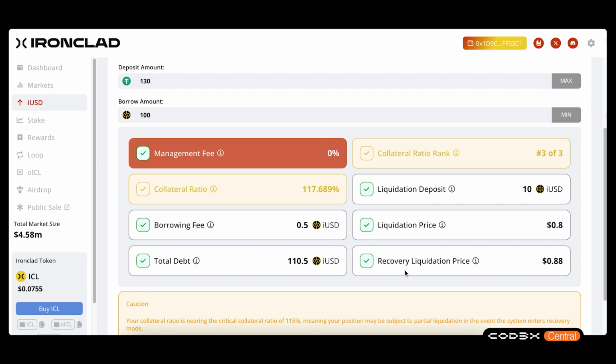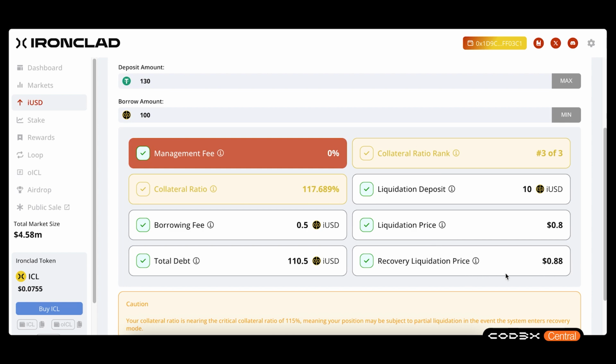It's a stability measure where it will start liquidating collateral faster than in normal circumstances to make sure that in some sort of black swan event where the whole market goes down by 50% or something crazy, IUSD can still stay healthy and overcollateralized enough.